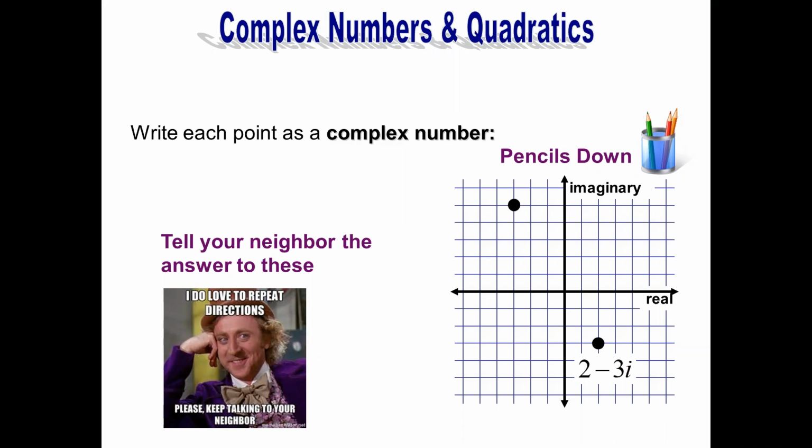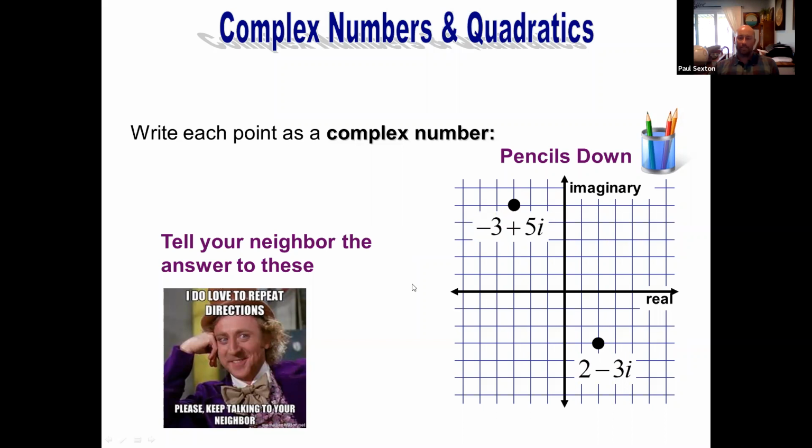Well, I mean negative 3i would be right here. Is it negative 3 plus i? Negative 3 plus i would be right there. So negative 3 plus 4i? Negative 3 plus 1, 2, 3, 4 would be right there. Negative 3 plus 5i. There you go. Negative 3 plus 5i.